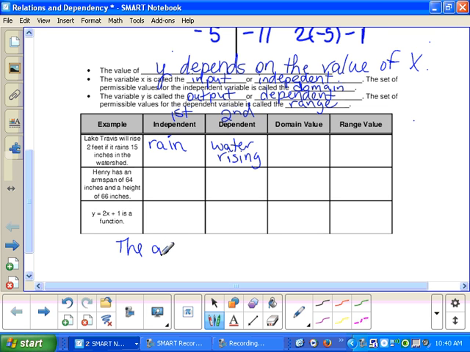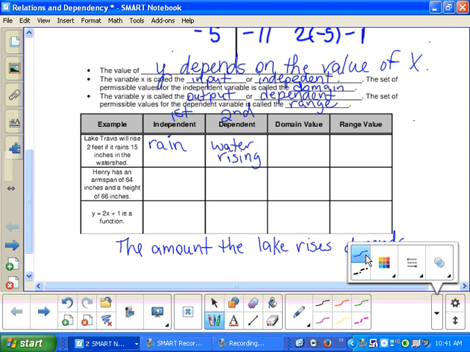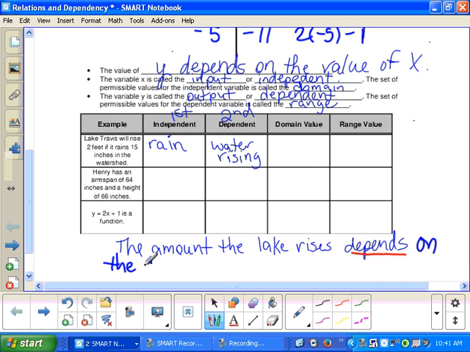The amount the lake rises depends, you've got to have that word, you can't just make up your own, depends on the amount of rain. The amount that the lake rises depends on the amount of rain.